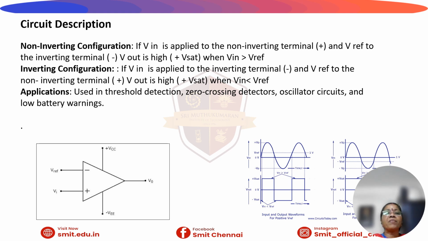In an inverting configuration, Vin is applied to the inverting terminal and V reference to the non-inverting terminal. Vout is high when Vin is less than V reference. When it is plus Vsat, it is the positive supply voltage. When it is minus Vsat, it is the negative supply voltage.